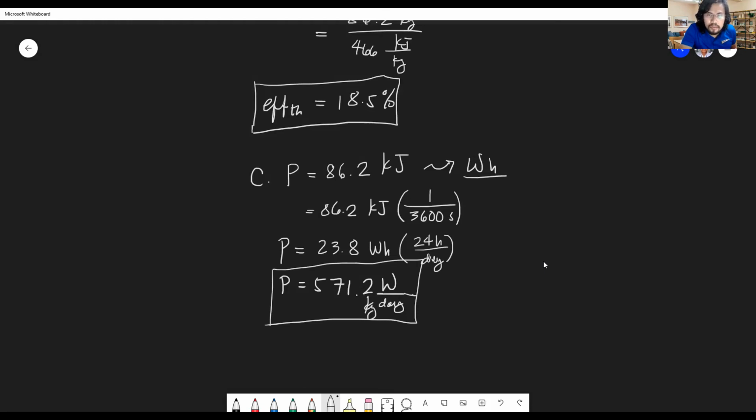So given that this is the available power, converted by the alternator completely at 100%, this is what can be transmitted or delivered to the grid: this 571.2 watts or 23.8 watt hours.